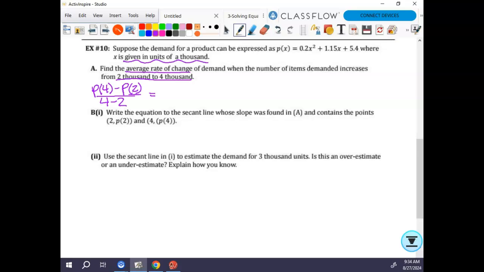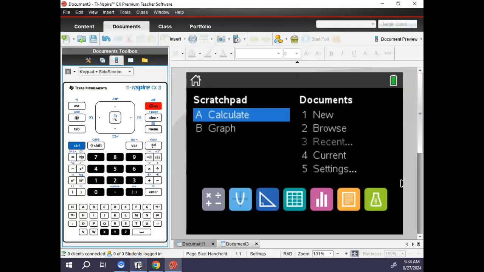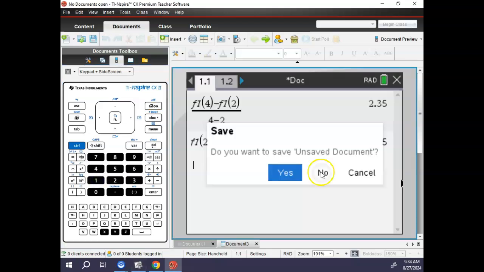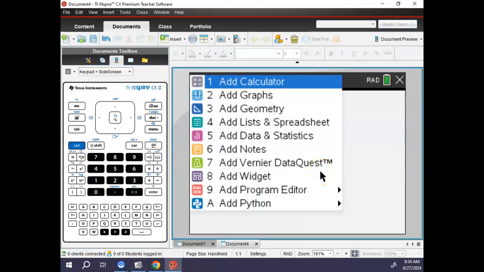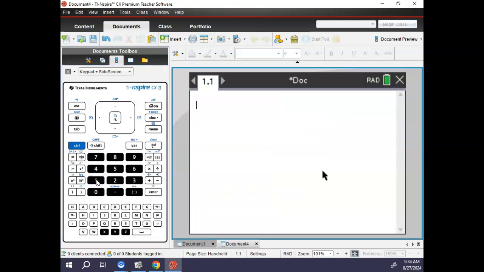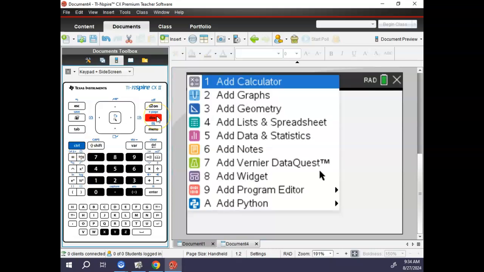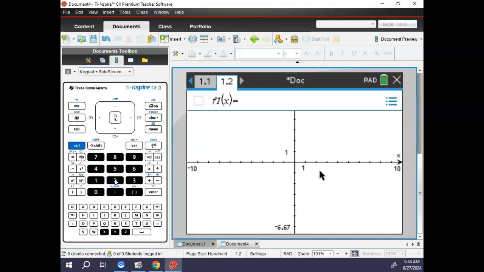Then, when you go to your calculator, you're on the black screen, 1 for new, then no. We're going to add a calculator, and Control Doc, we're going to add a graph. And then in F1, we are going to type in that equation that they gave us.